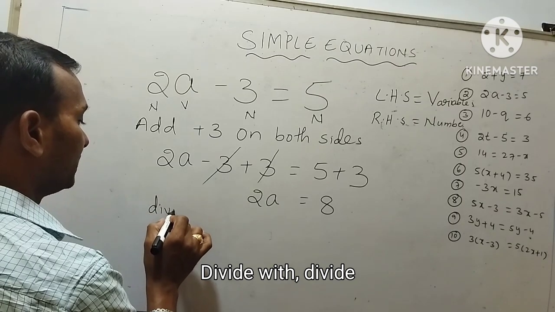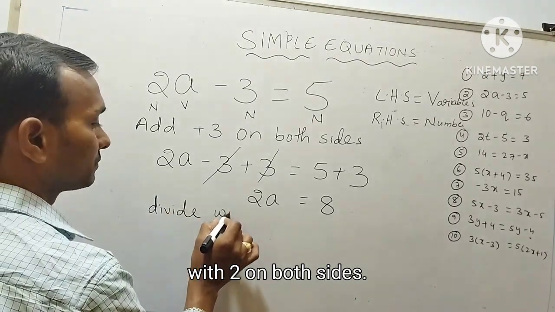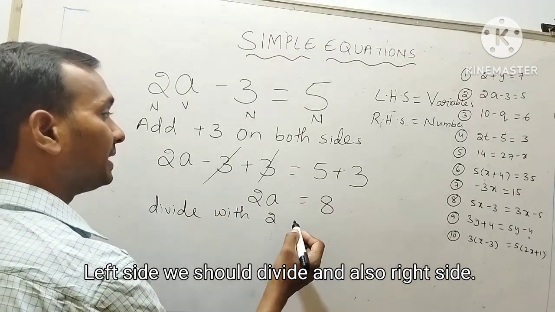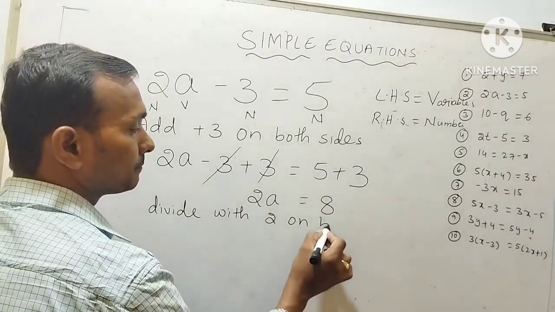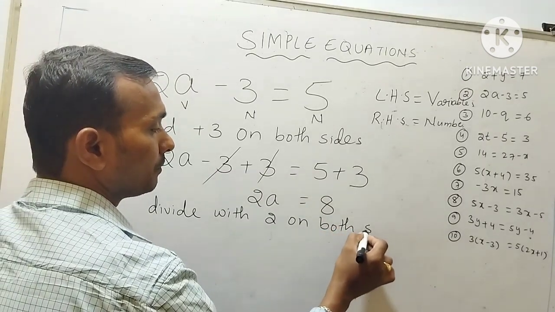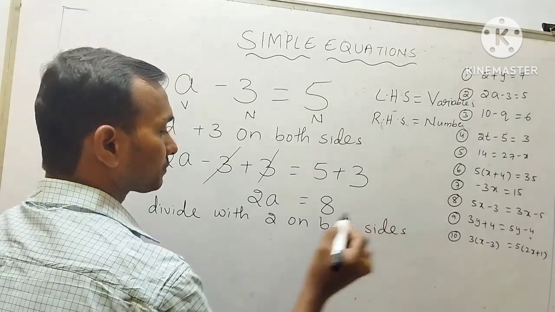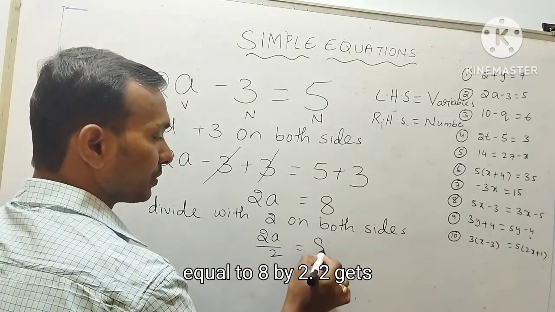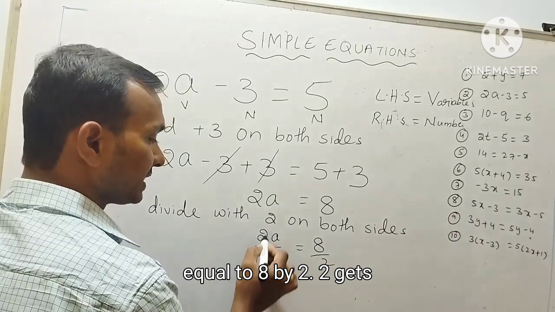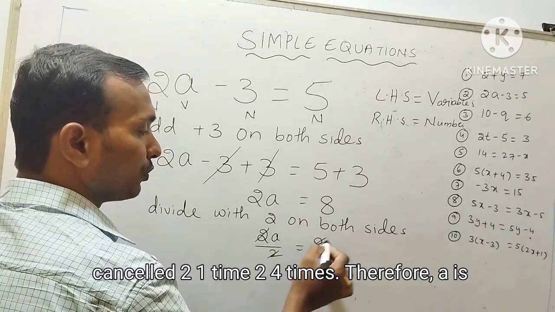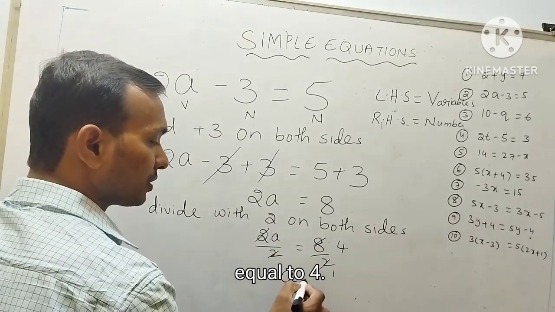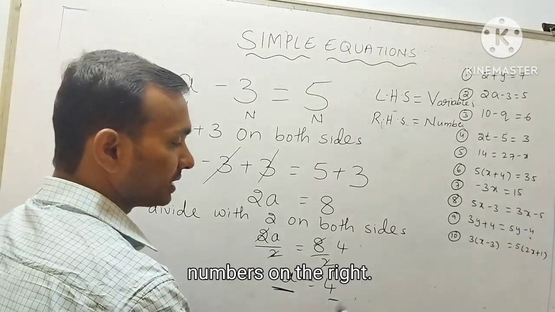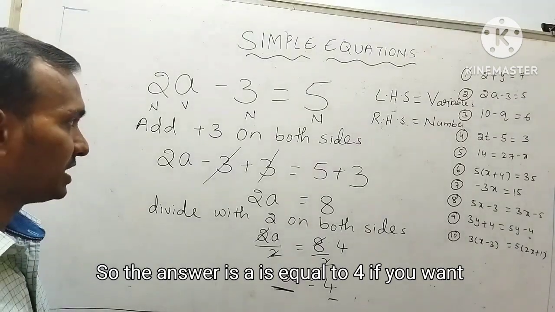Divide by 2 on both sides. 2a by 2 is equal to 8 by 2. The 2 gets cancelled. 2 ones are 2, 2 fours are 8. Therefore, a is equal to 4. Now we see only variables on the left, only numbers on the right.